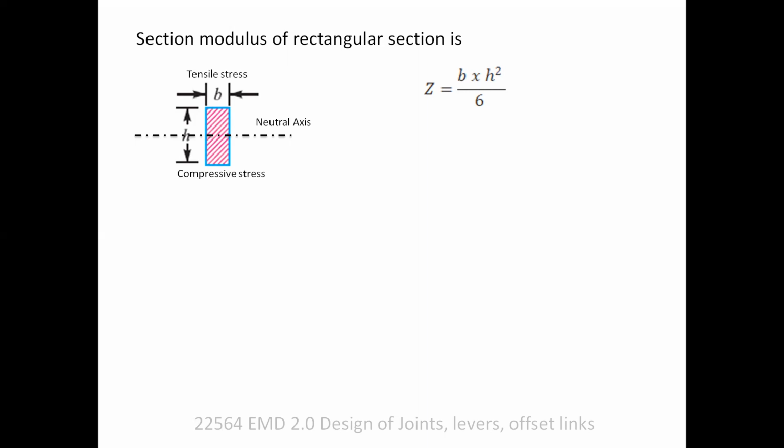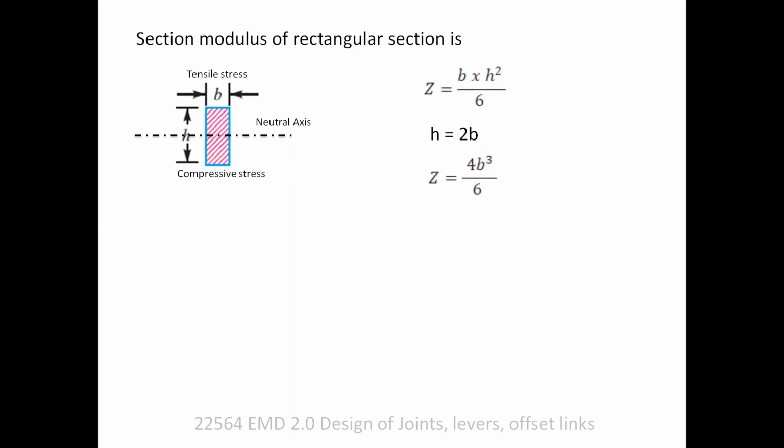Z is equal to BH square by 6. When we say B is the base and H is the height, and there is a relationship between B and H given, H is equal to twice of B. So if you put that value of H as 2B inside the given equation, you will find that that is 4B square multiplied by B. So it becomes 4B cube by 6.